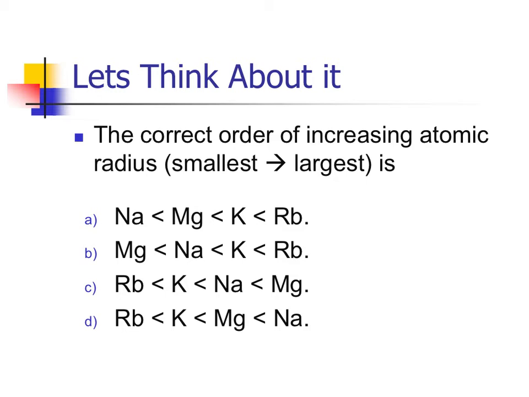If magnesium is smaller than sodium, then B would be the answer. Based on their locations and the fact that it gets smaller when you go from left to right, the smallest element is going to be magnesium in this group.